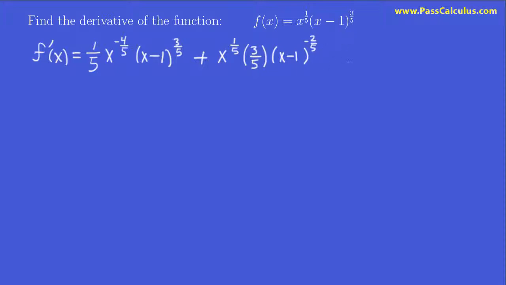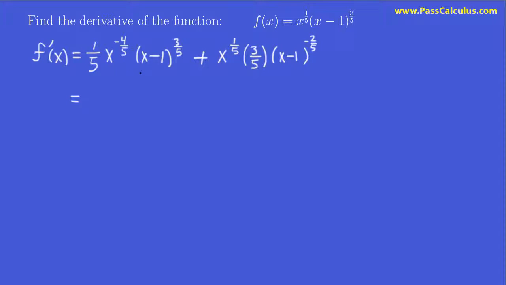But then chain rule says I have to afterwards multiply by the derivative of x minus 1. Normally I would write it there. But the derivative of x minus 1 is just 1. So if you like, I could just write a 1 there. But it doesn't do anything. So I just won't even bother writing it. Okay. So now really the derivative is done.